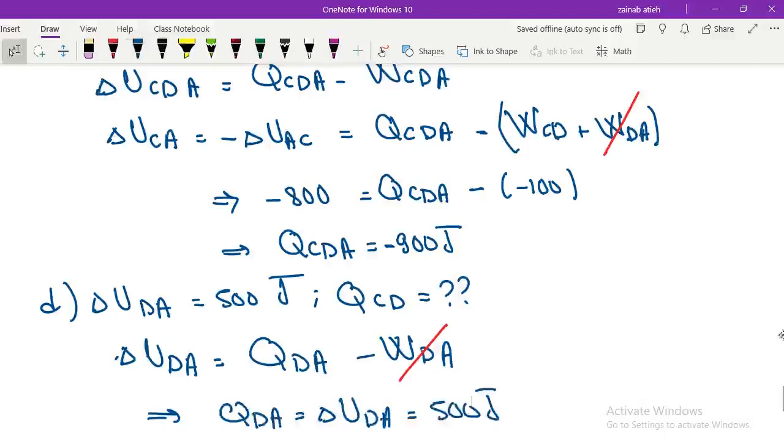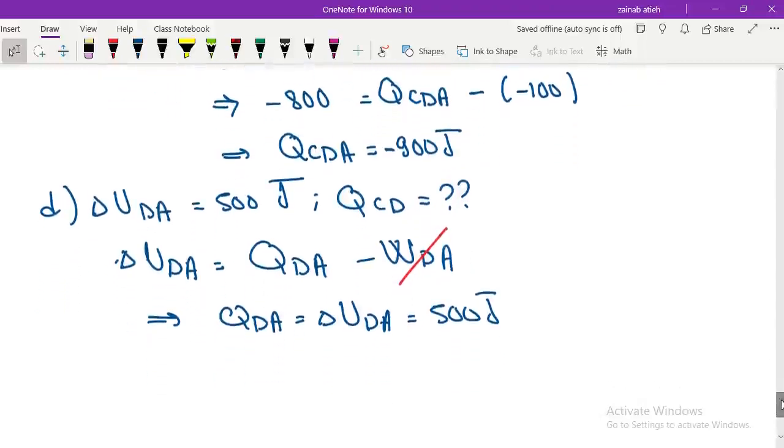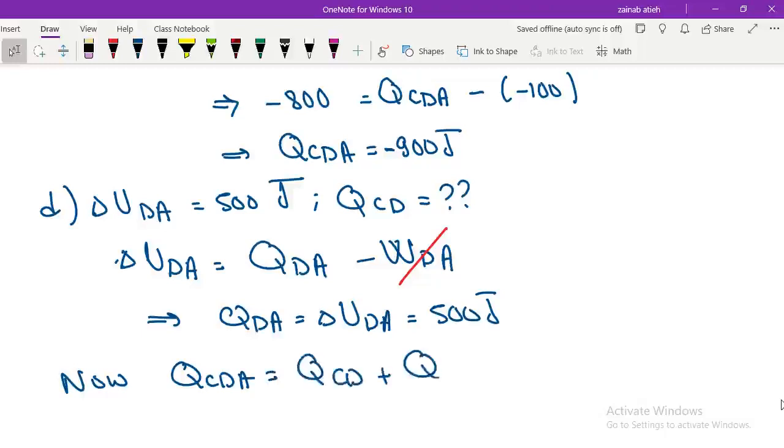So I have QDA. Now I already calculated QCDA along the path CDA. So now QCDA is the Q along the path CD plus the Q along the path DA.